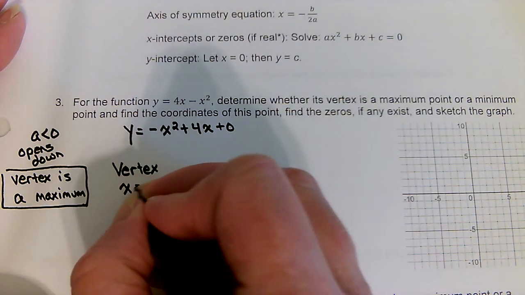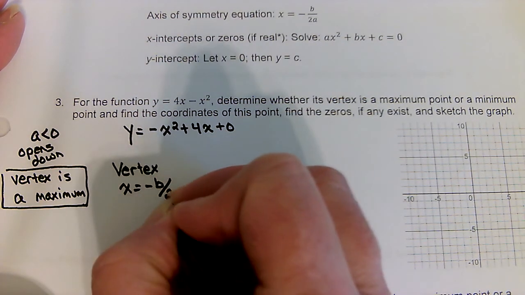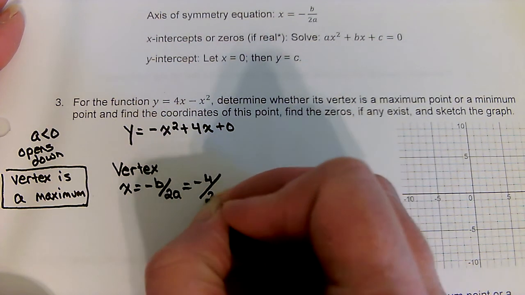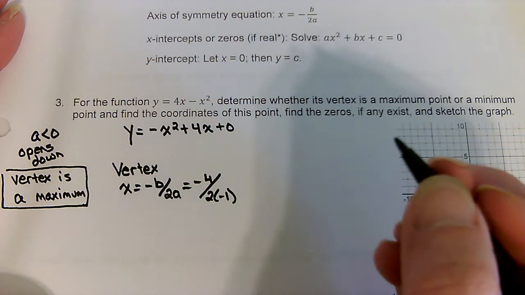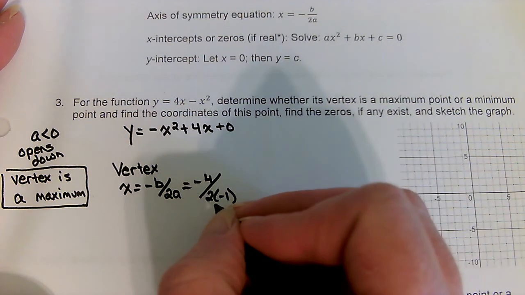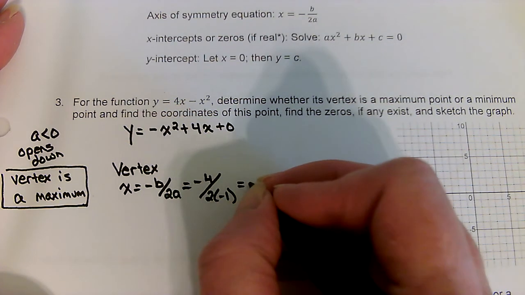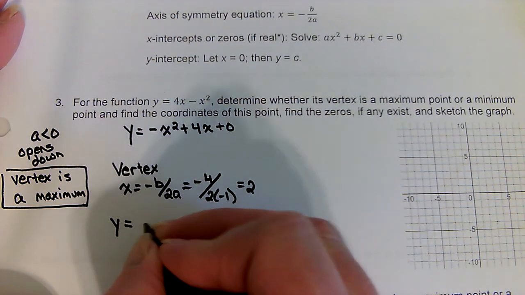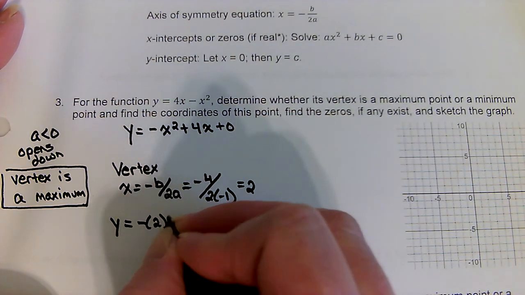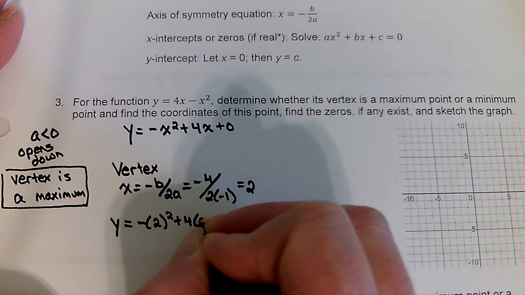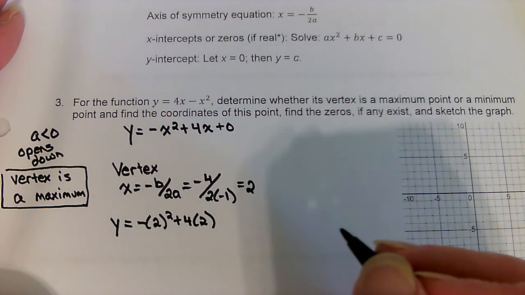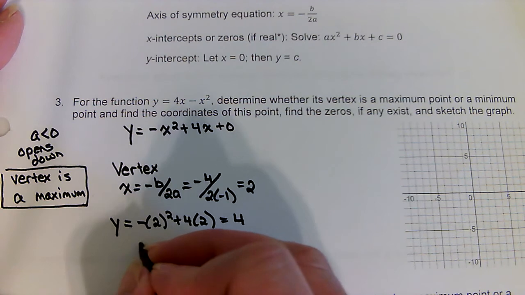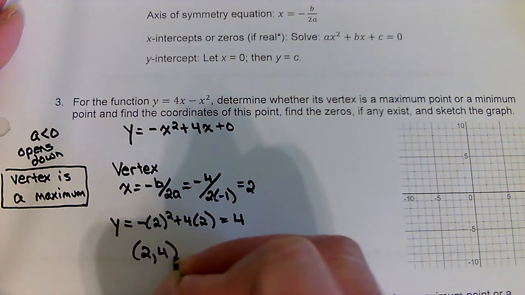We need to do x equals negative b over 2a. That's going to be negative 4 over 2 times negative 1, so that's negative 4 divided by negative 2. That's going to be a 2. And I just need to plug it in to my original function, and I get a 4. So my vertex is at 2, 4.